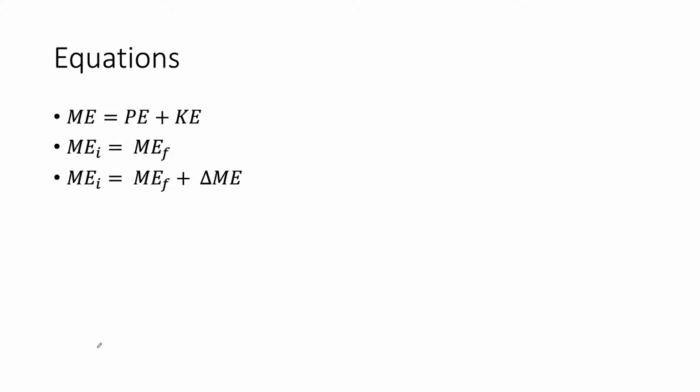So the initial energy is usually the highest, and the final energy is equal to that plus something that we lost. We usually add it like this. Sometimes you may see it on the other side, subtracted from the initial energy, but I like to do it this way. So we have these three equations.